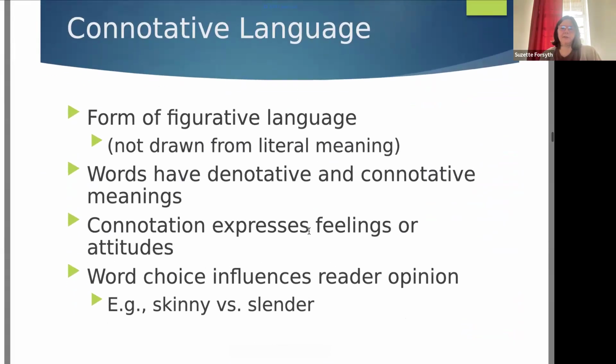Connotative language is very important in drawing inferences, because writers can choose various words to mean what they're trying to say. Like I used the example of mob and gathering, right? They have very, very different senses. Another would be skinny versus slender. Skinny sounds like a criticism, like you're too skinny, but slender sounds positive, like, oh, you look nice.